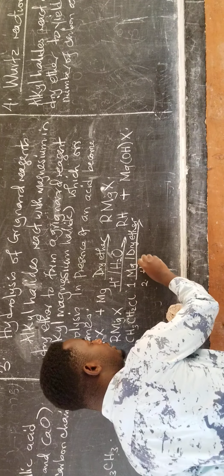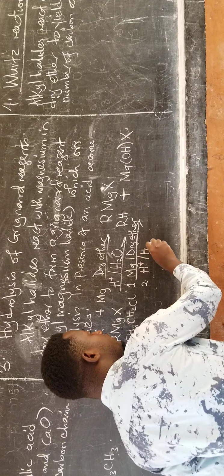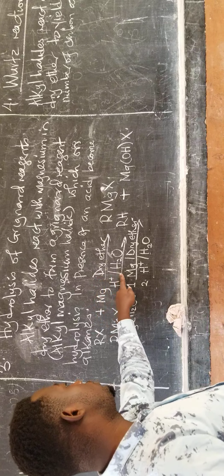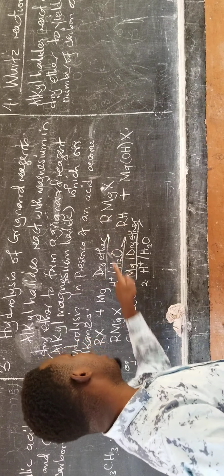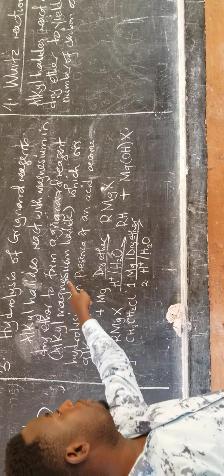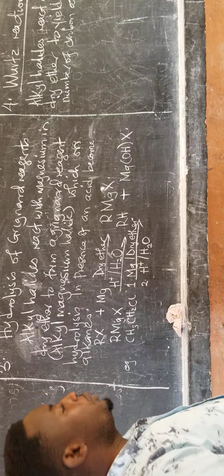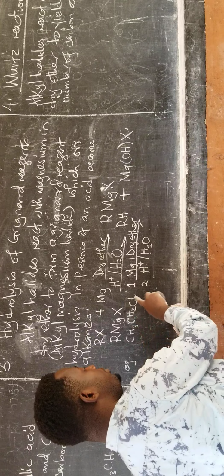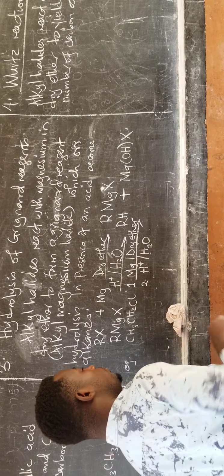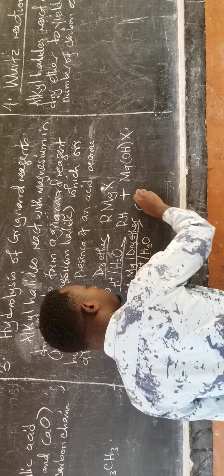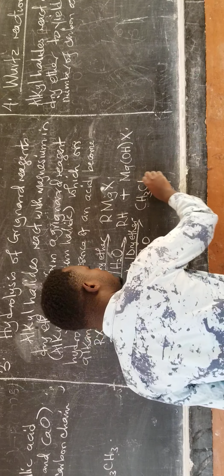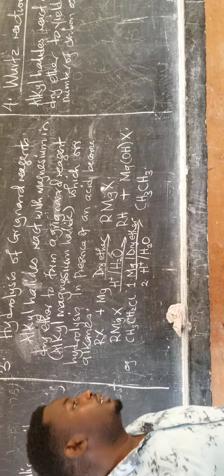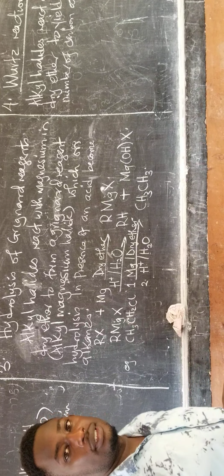I am hydrolyzing in presence of water. It means I've combined the two steps, and therefore I have avoided the alkyl magnesium halide, and I go directly to an alkane, which in this case I am replacing this Cl with H, and it shall become CH3CH3. So that is it.